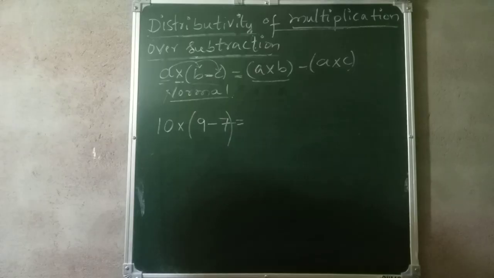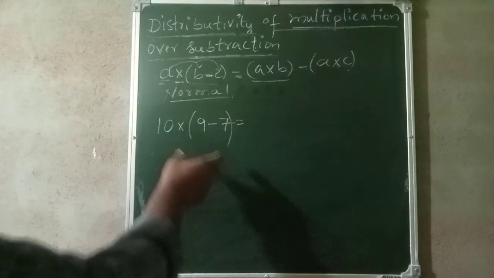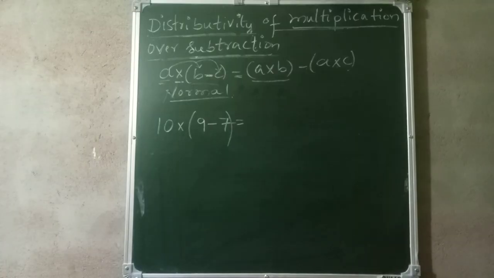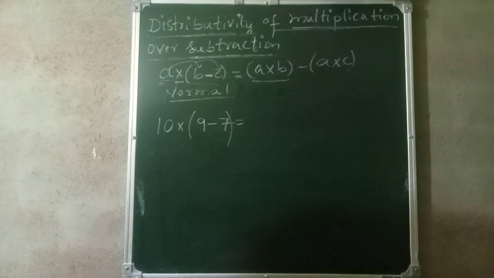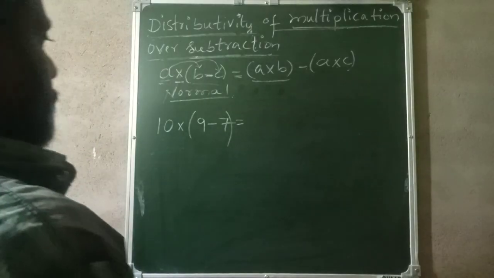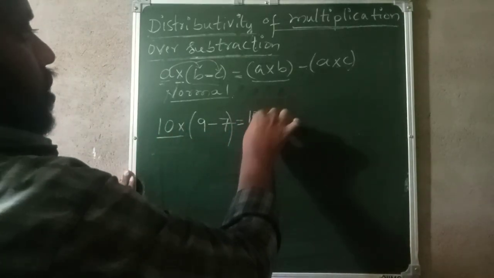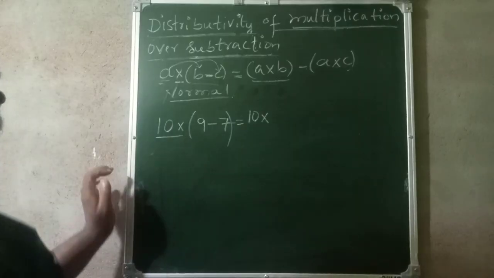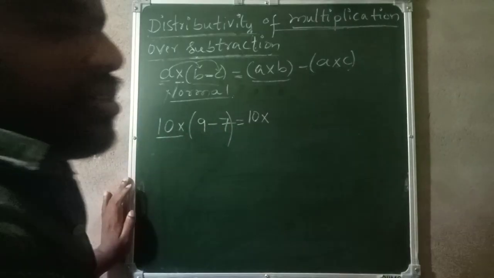Okay. Now, first we will simplify this using normal multiplication. So how we will do? First write this 10 into, next inside the bracket whatever we have to simplify that.